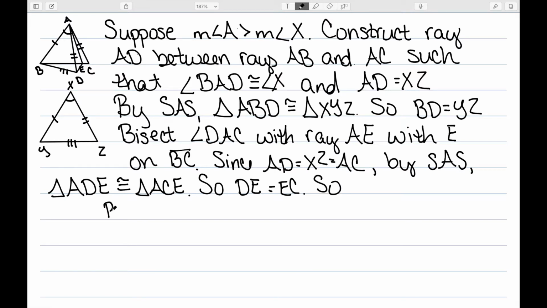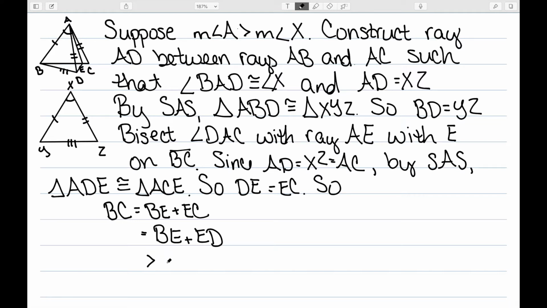We can then start looking at the triangle inequality. BC is equal to the distance from B to E plus the distance from E to C, since these are all on a straight line. Well, EC is the same as the distance from E to D by these congruent triangles here.